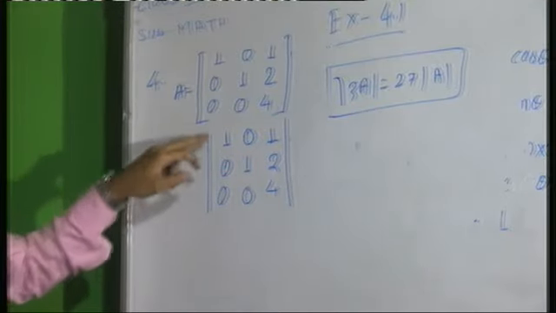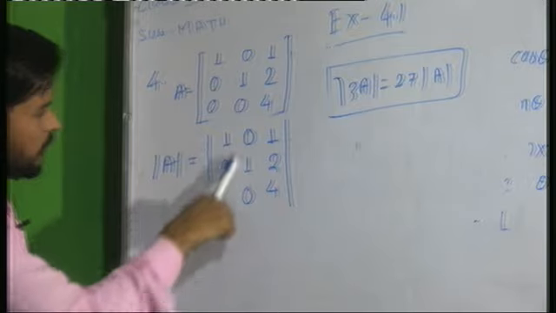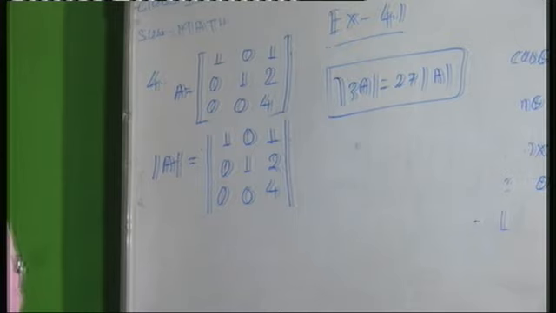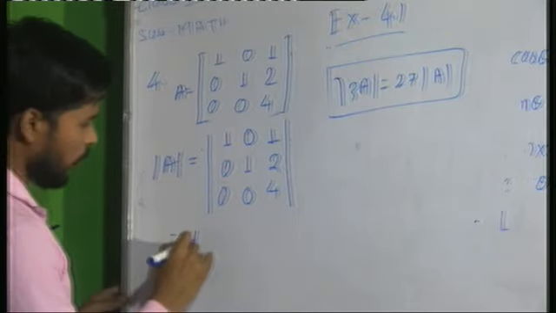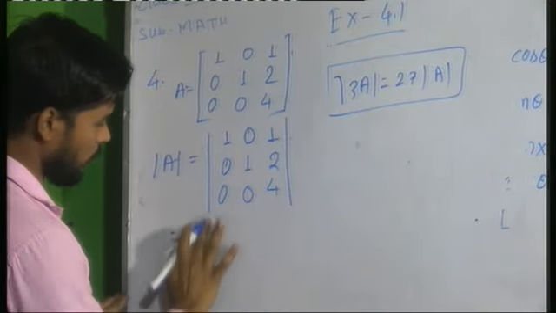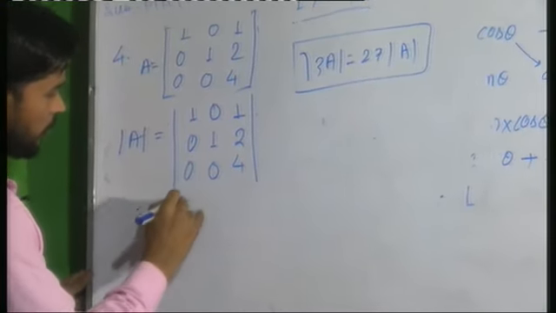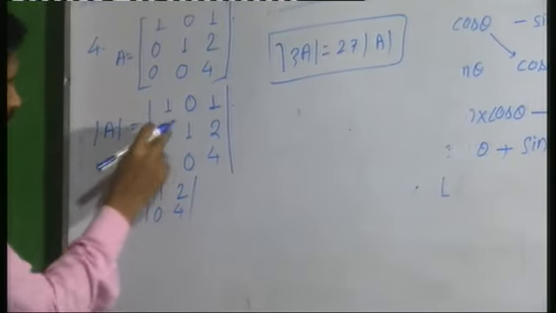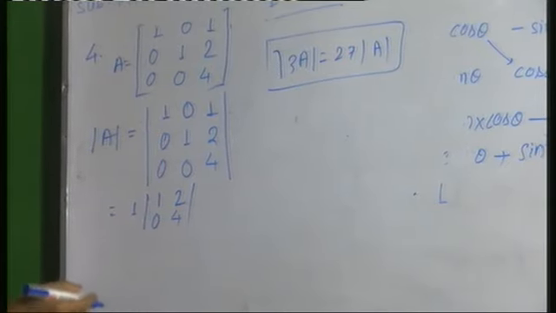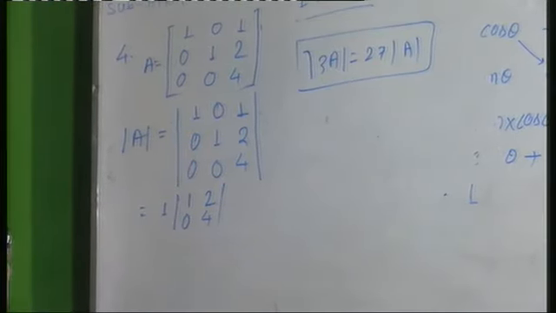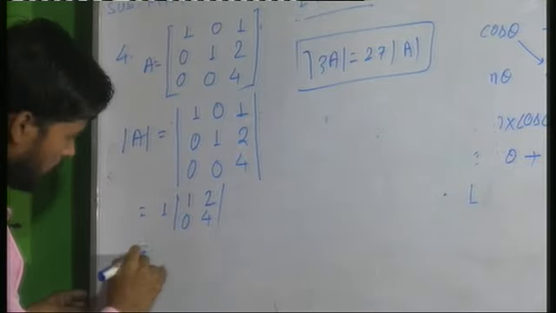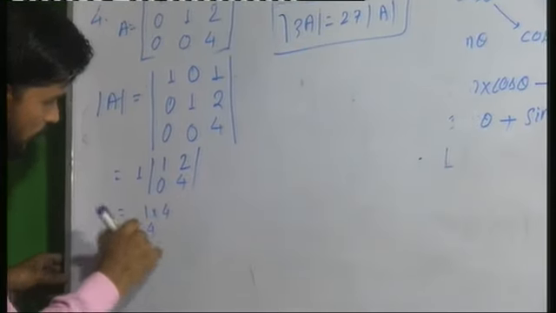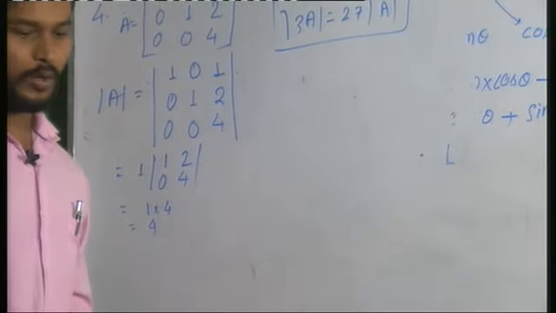Now we expand the determinant with respect to the first column, because it contains the maximum number of 0s. Expanding along the first column, we have 1 into the determinant of 1 2, 0 4, and the remaining two terms will be 0 into something, and we know that 0 into something is equal to 0. So 1 into 1 fours is 4. So the value of the determinant is equal to 4.